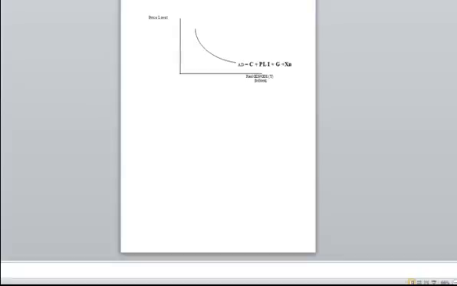So I'm assuming you've read about aggregate demand and aggregate supply in your textbook, and I'm showing you here a curve which is aggregate demand. It shows you that it's equal to the sum of consumption plus planned investment plus government plus net exports.